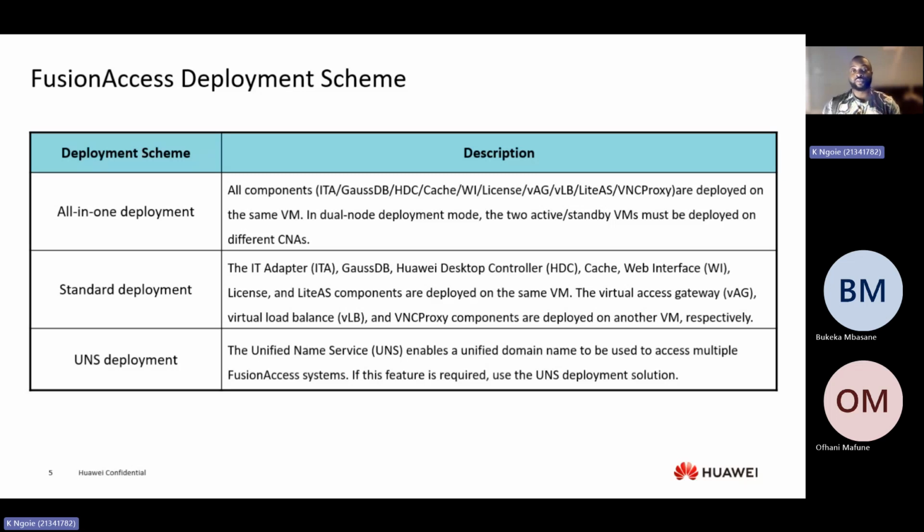This is the main focus of this course, the all-in-one deployment. All-in-one deployment integrates all the major FusionAccess components into a single physical server or small clusters, right? It's ideal for small or medium-sized organizations that require secure access within just a local network.